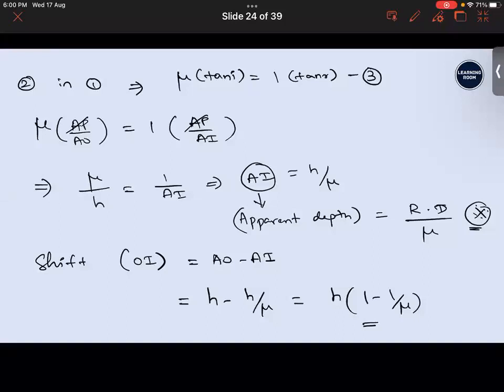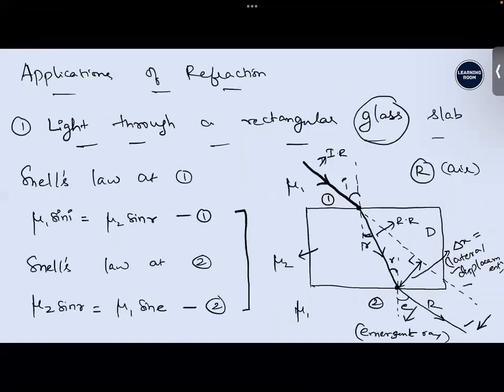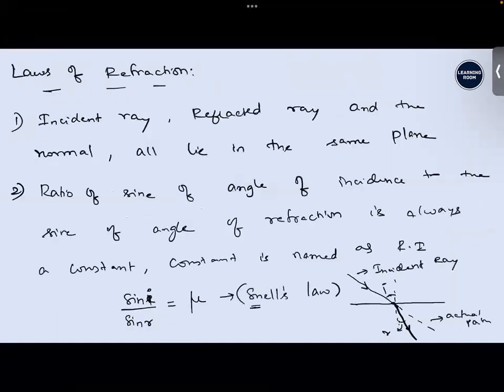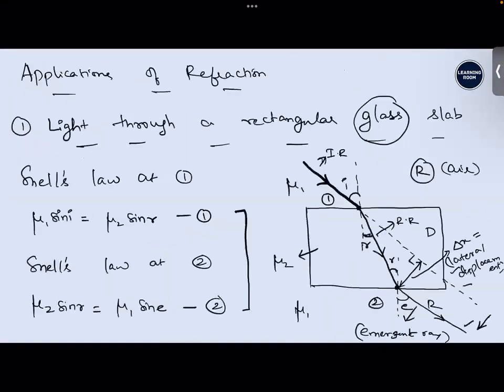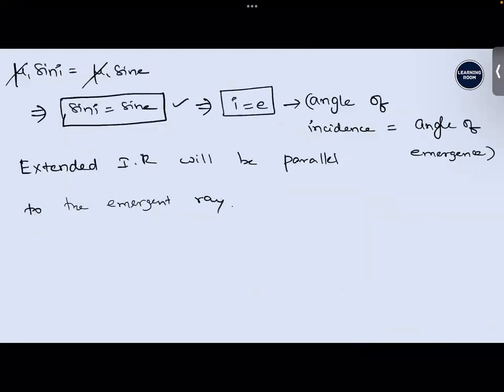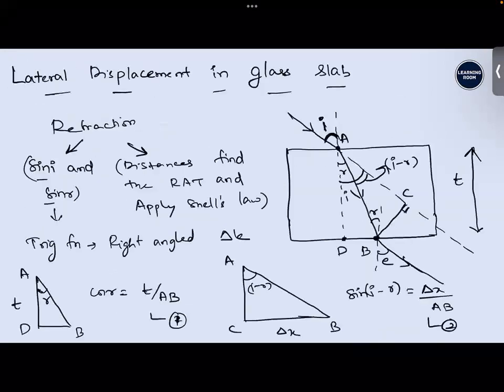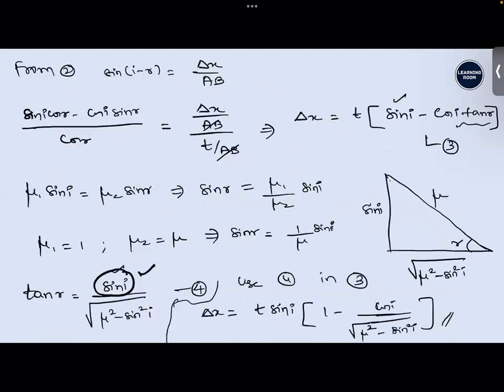Okay. So what are all the concepts that we discussed today? One is we saw the laws of refraction. Then what happens when light travels from rarer to denser medium? Then we saw two applications of refraction, out of which one is called as the refraction through glass slab, and the second is lateral displacement in a glass slab, actually three.